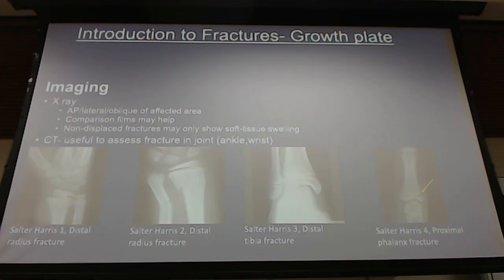I told you that the MRI is the study of choice for looking at osteochondral lesions, right? Even if it is in the subtalar joint. And now I'm telling you that the CT scan is a study of choice for looking at intra-articular fractures, right? Salter-Harris fractures.